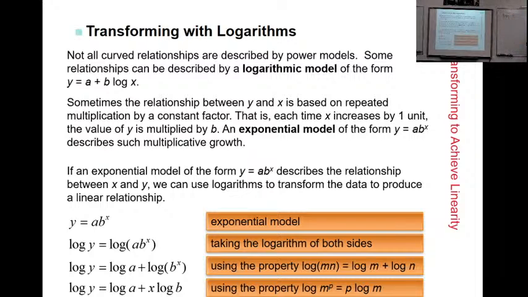In other words, like a 3 to the x, 4 to the x, e to the x, any kind of exponential model. When you graph it, you should be graphing the log of y versus x.